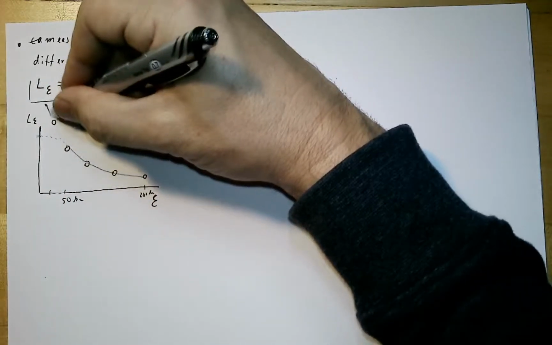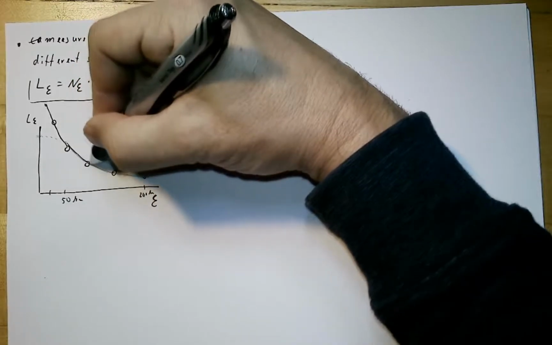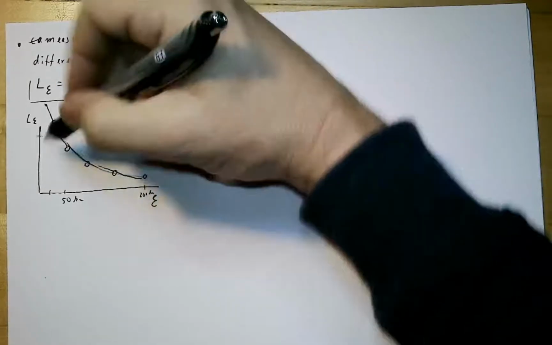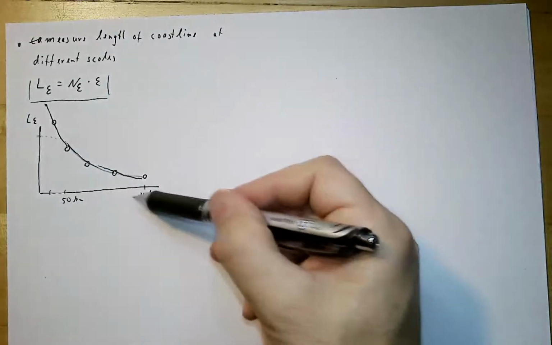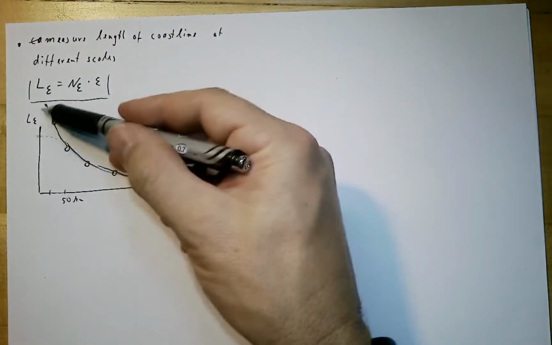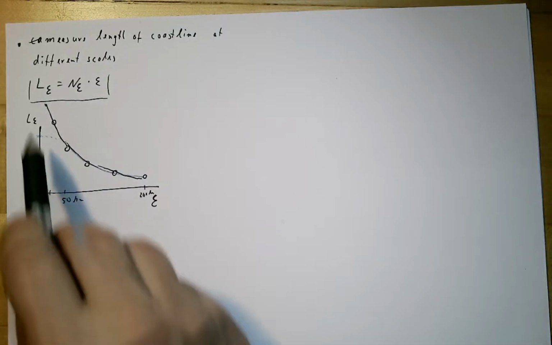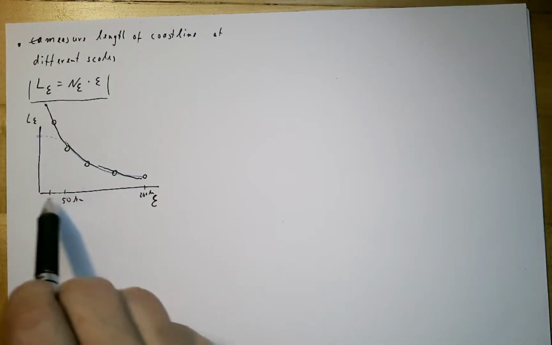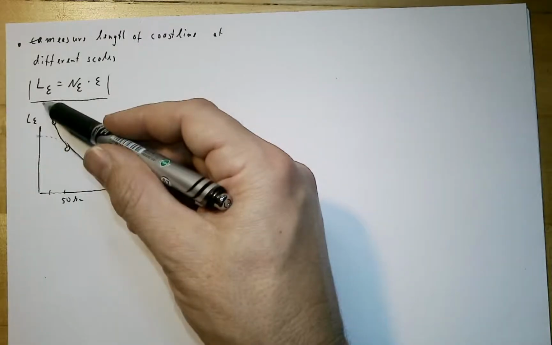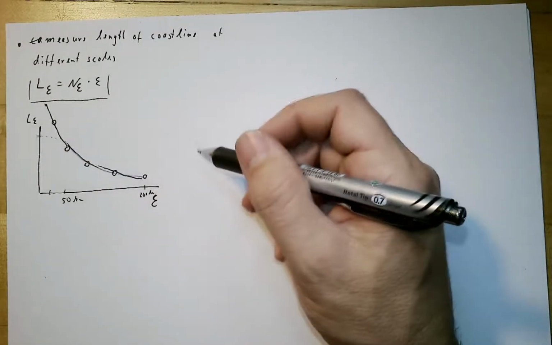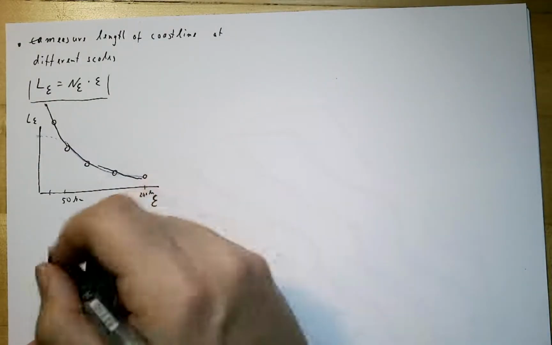And so that was what Richardson found, that we have here a divergence. So this curve never settles to a typical length, but for every scale that we use, we get a different length, and when the scale goes to 0, the length goes to infinity. So that was the observation by Richardson.